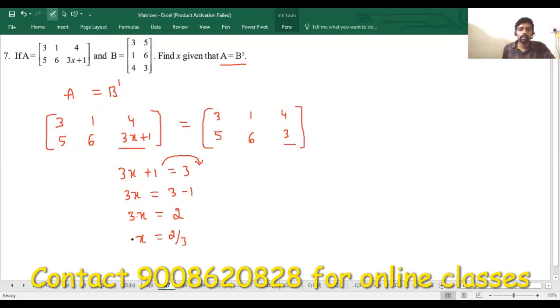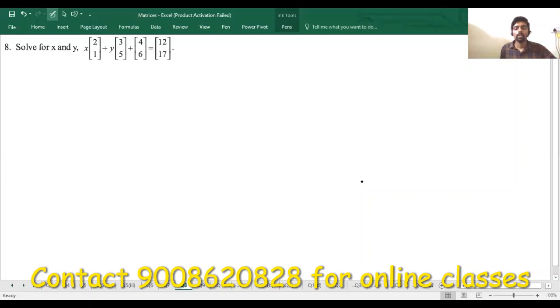So 2 divided by 3. This is the value of x. So the next question is solve for x and y. x into [2, 1] plus y into [3, 5] plus [4, 6] equals [12, 17].